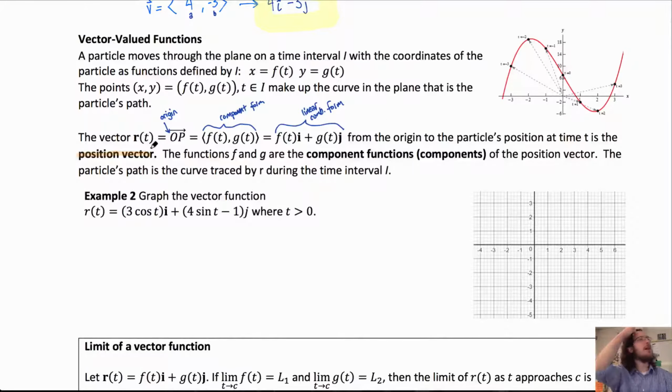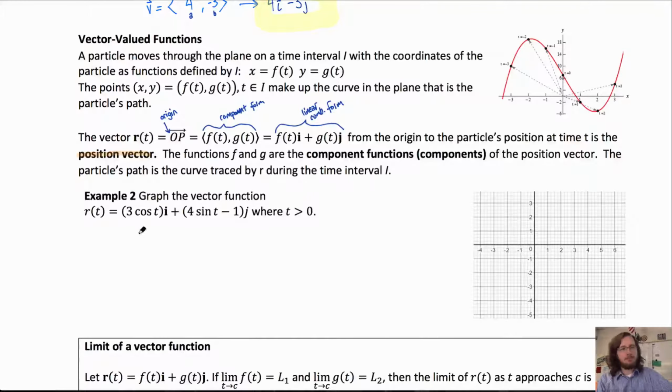So again, going back to application, we've got some position vector of a particle or of some object, and we can write that as a vector valued function. The functions f and g are the component functions of the position vector. The particle's path is the curve traced by r over the time interval I.